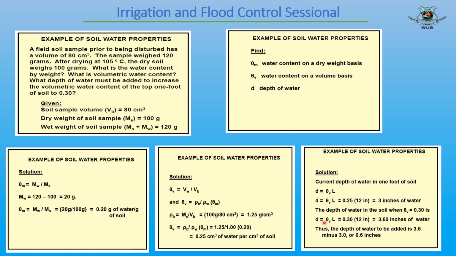So depth of water stands 3.6 inches of water. Thus the depth of water to be added is 3.6 minus 3, which stands 0.6 inches. So we need to add 0.6 inches depth of water.